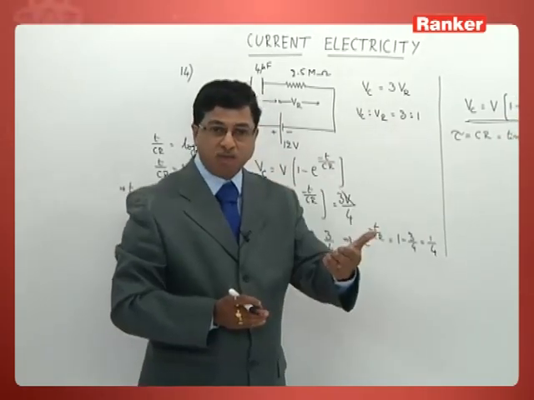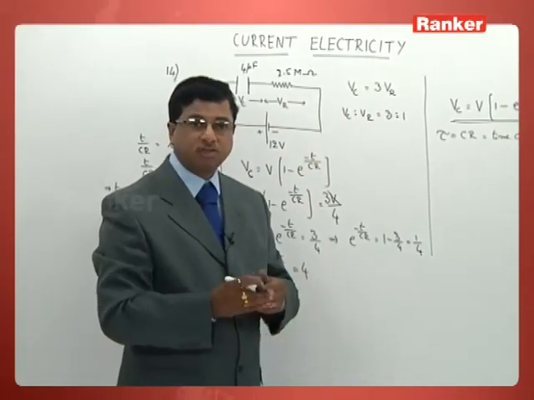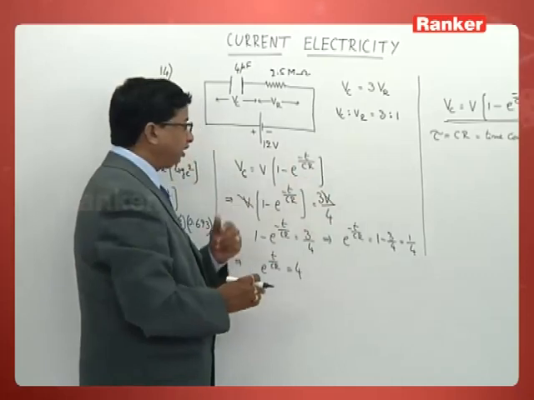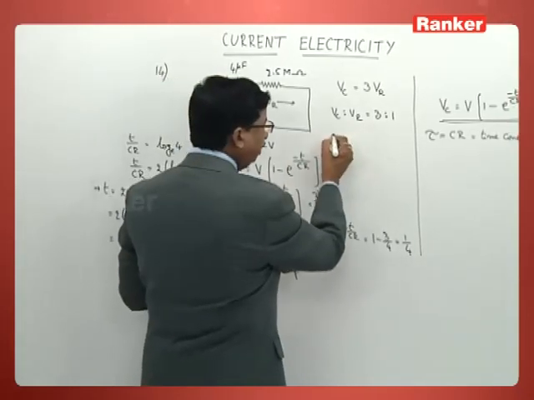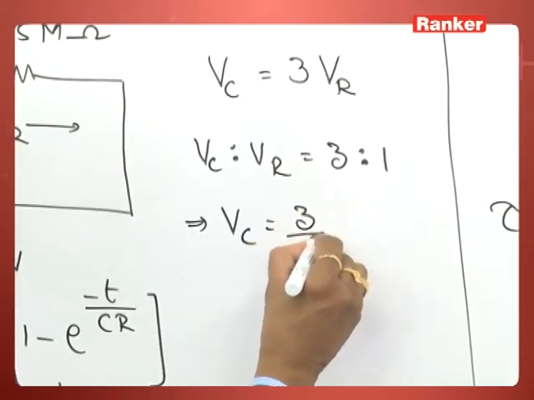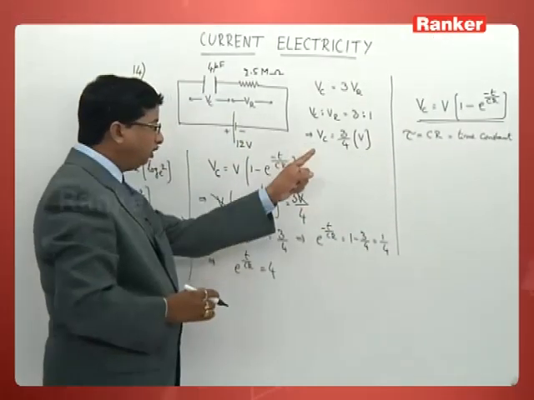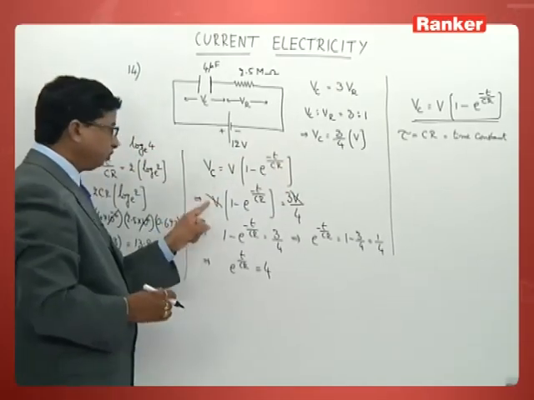After what time does it become 3:1? That's the question. So you can identify directly this way. This as well can be rewritten like this also. VC is equal to 3/4 times the value of V also you can write. That only I have considered here.